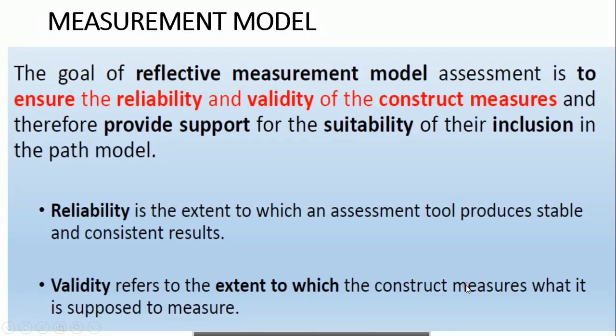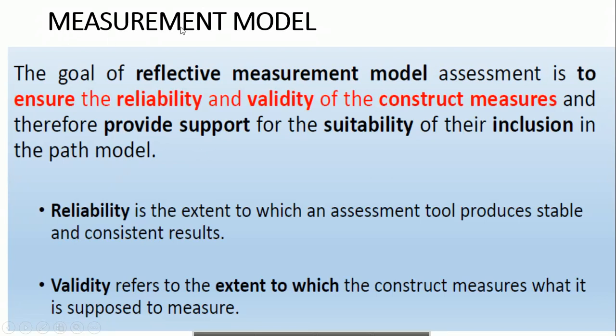For the measurement model, the goal of reflective measurement model assessment is to ensure the reliability and validity of the construct measures, and therefore provide support for their suitability for inclusion in the path model.